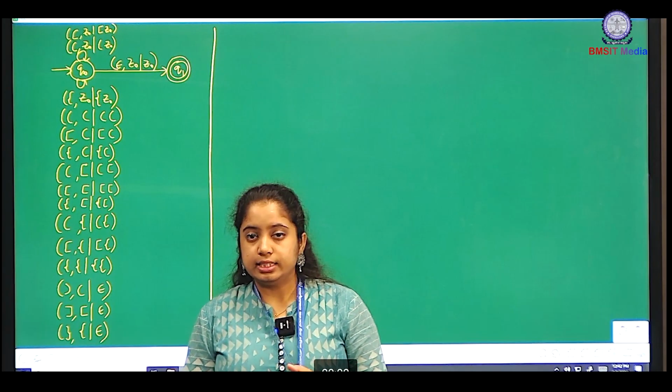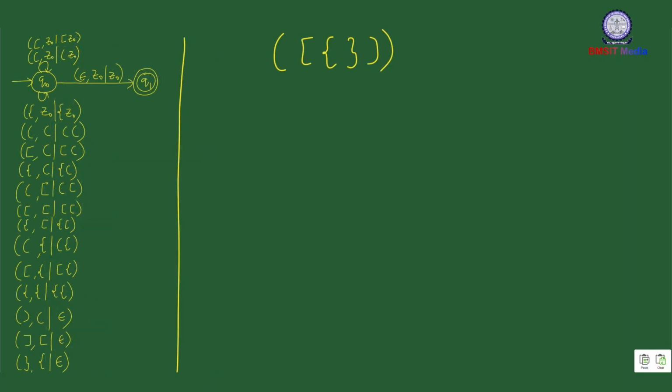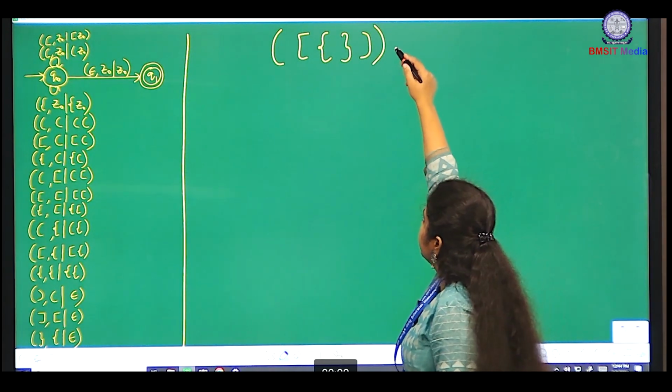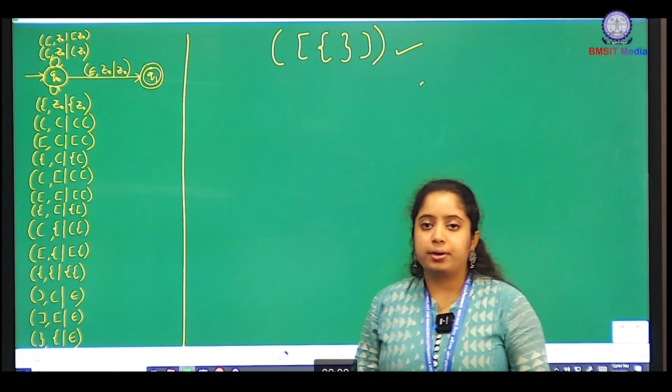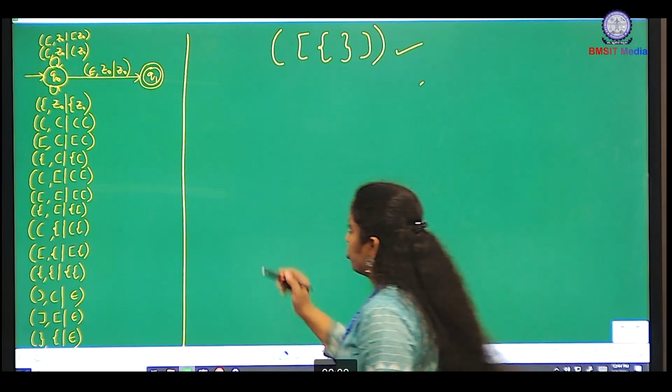Next, writing the instantaneous description, the sequence of moves made for the string. This is the string given in the question. We will write the instantaneous description for this particular string. So, how to write it?